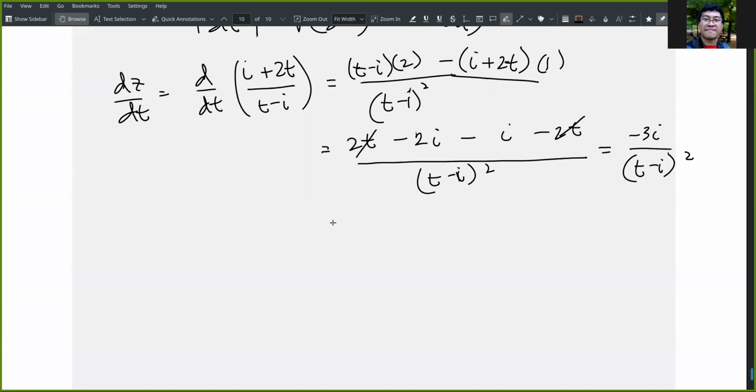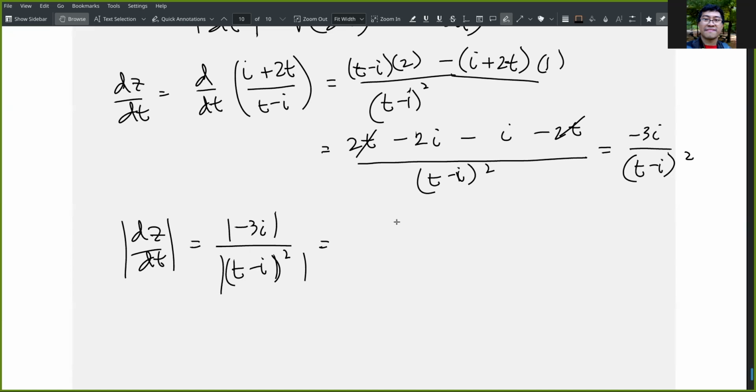And to get the absolute value of dz by dt, we get the absolute value of minus 3i over t minus i squared. For this 3i, the absolute value is simply 3, whereas here, the absolute value is, we can write it as t squared plus 1.